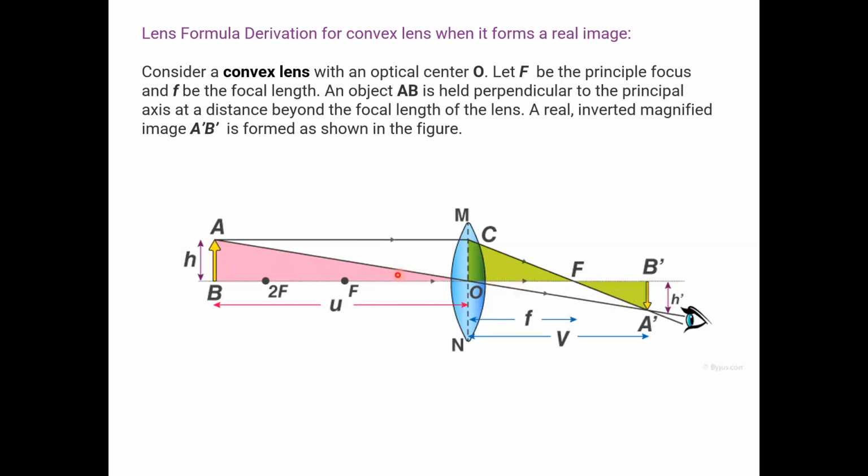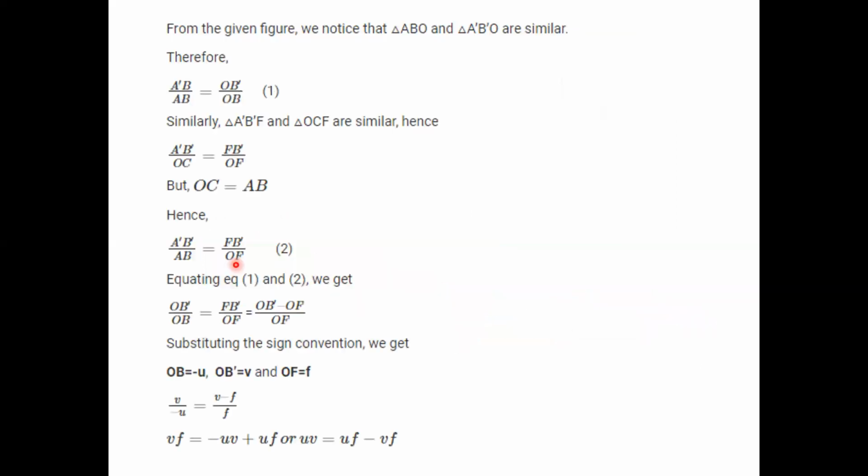If these two triangles are similar, we can say that the ratio of corresponding sides will be equal. That means here we can write A dash B dash by AB equal to OB dash by OB.